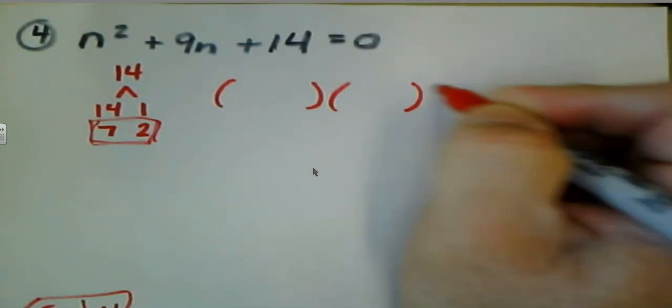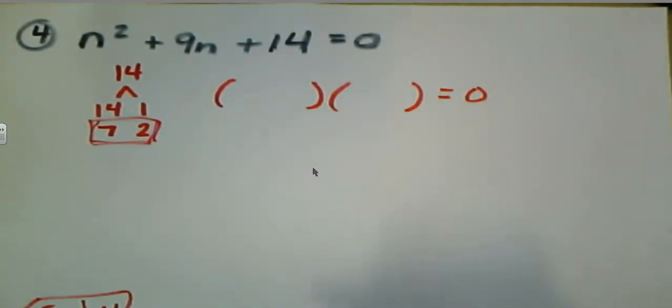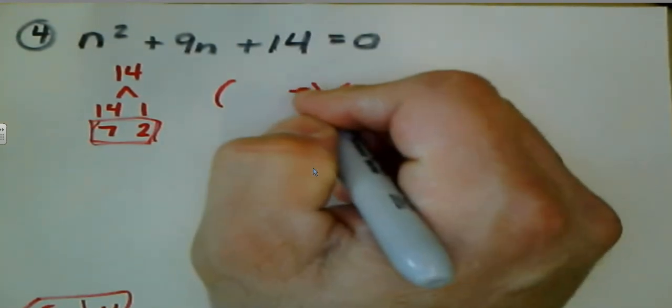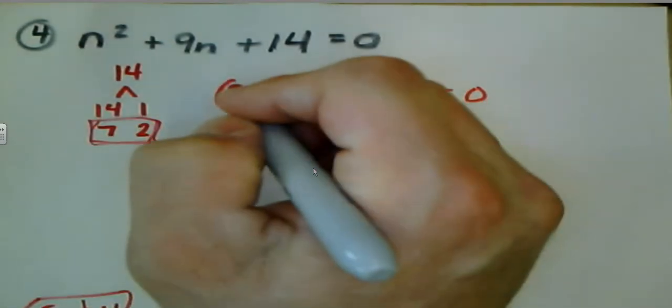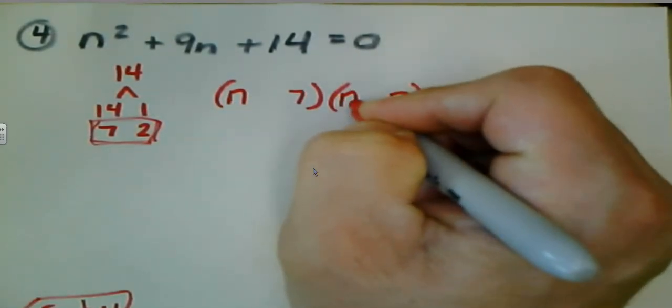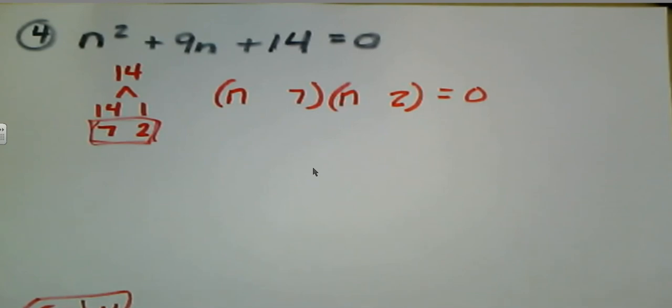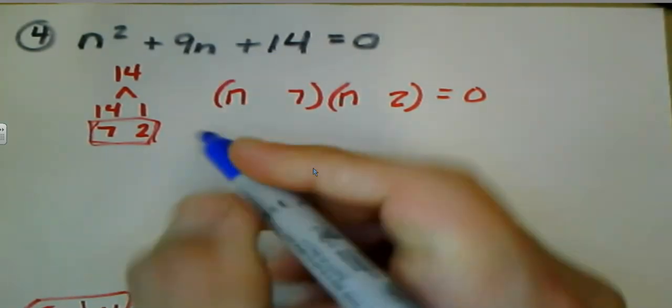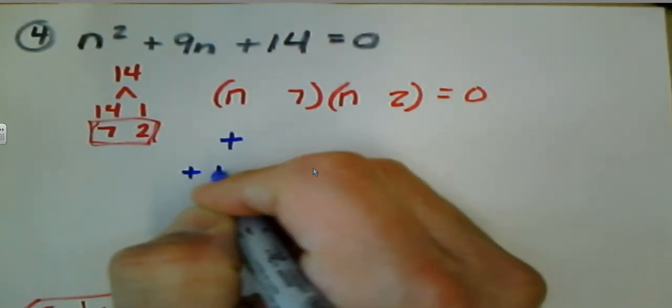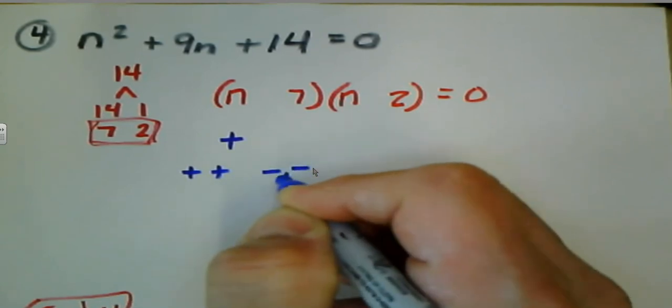I draw my parentheses, put it equal. Put 7 and 2 in here. My variable is n, so I put n. Just don't automatically put x's in there. All right, we look at the sign of the number we just factored. It's plus, so it has to be either plus plus or minus minus.